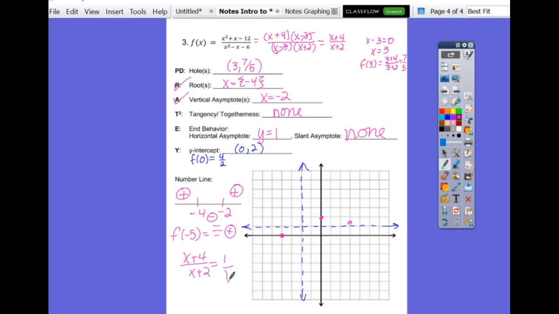So when I cross multiply, what happens to the x's? They cancel, for those of you that are actually paying attention. So 4 equals 2. Does that even make sense? No. If you don't get an answer, it can't cross the asymptote.